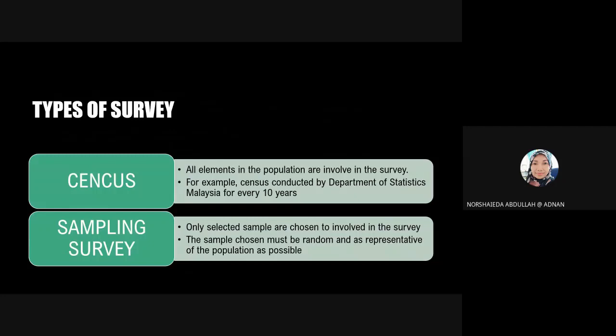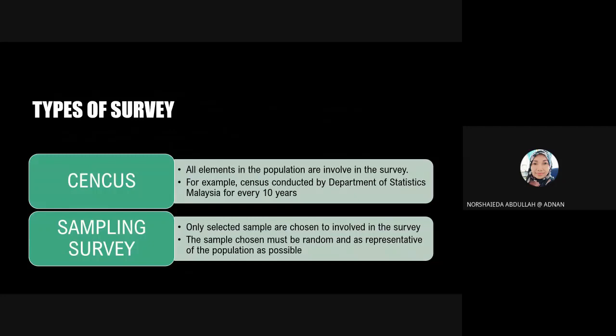Okay, so kita tak left out one element pun, semua mesti include in the survey, right? Sampling survey maksudnya we only study sample chosen from the population to involve in the survey.